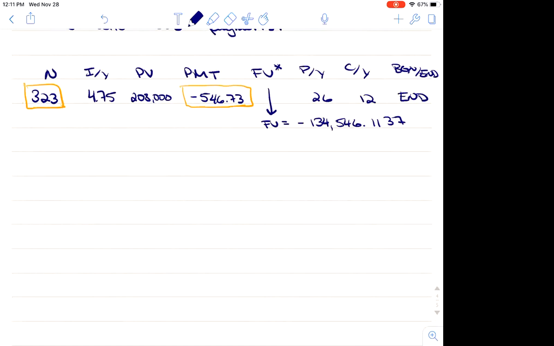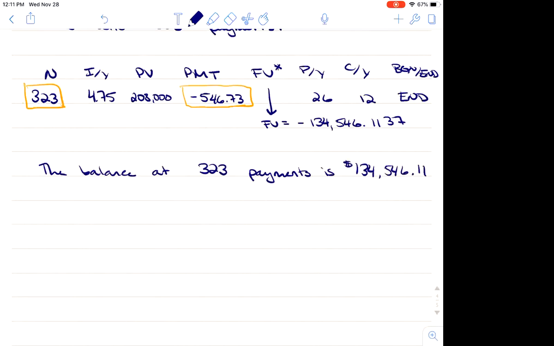So if we wanted to square up after 323 payments, that's how much we would have to pay, which is the balance. The balance at 323 payments is $134,546.1137.